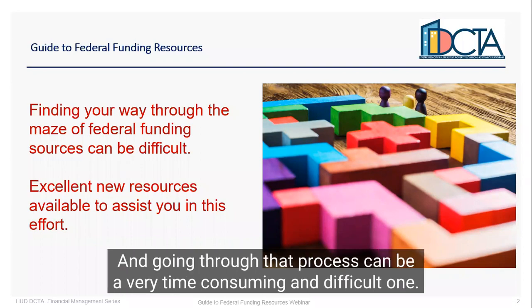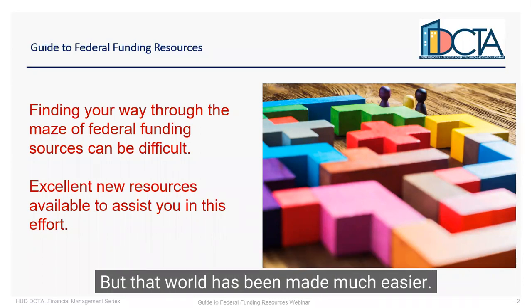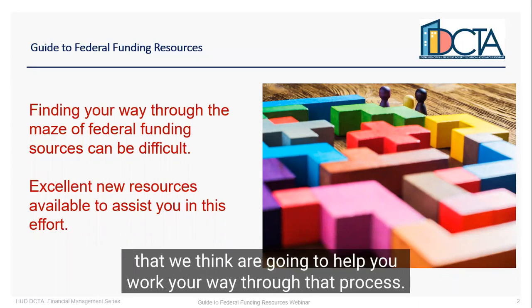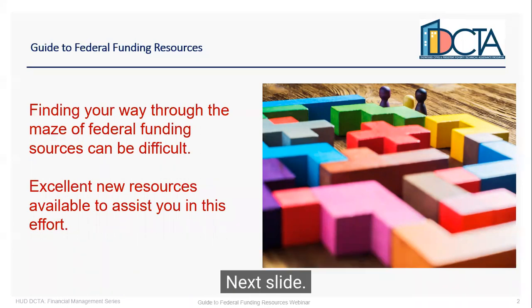And going through that process can be a very time-consuming and difficult one, but that world has been made much easier. There are some excellent new resources that we're going to talk about today in the next few minutes that we think are going to help you work your way through that process. Next slide.